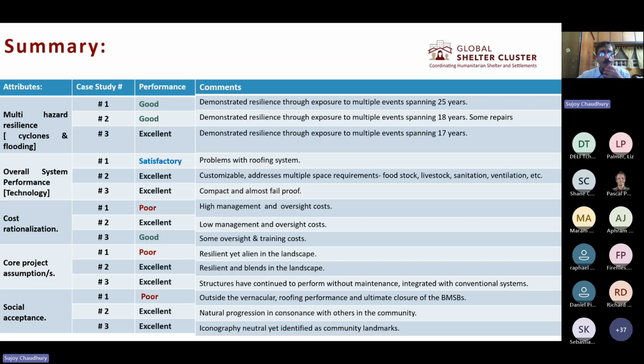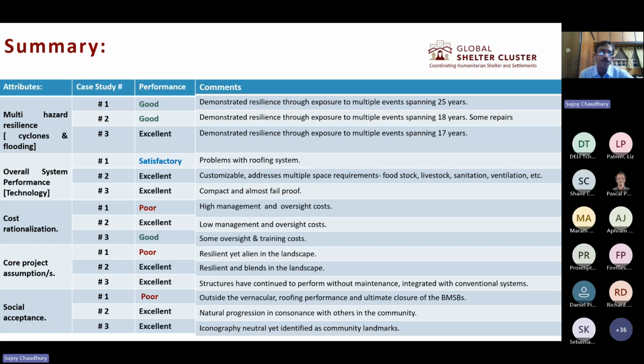In fact, the 3rd case study, where we used fabrics and rat trap bond masonry, filler slabs, etc., seems to be doing very well, because these are public institutions, and they don't have any maintenance. People also have been using these systems and structures during events which continue to happen.